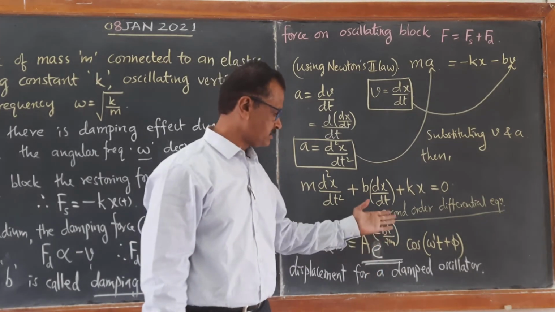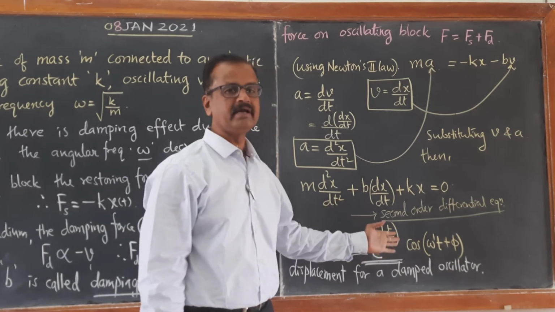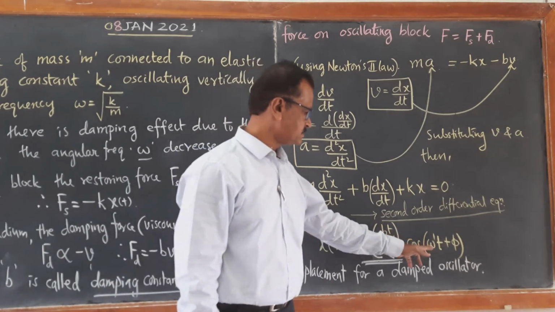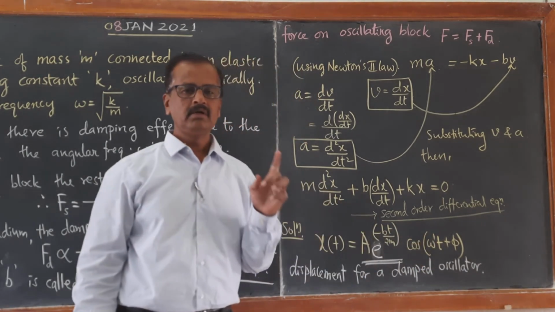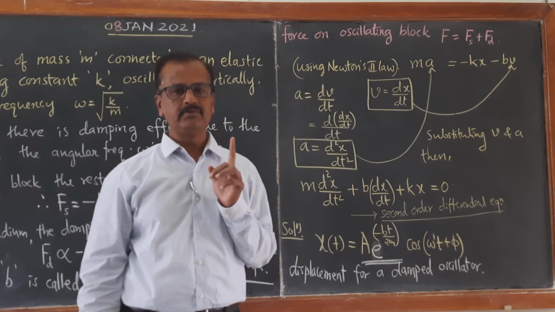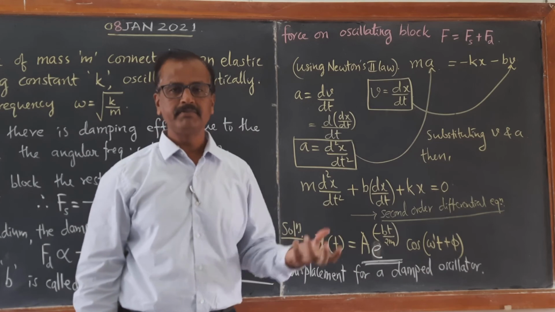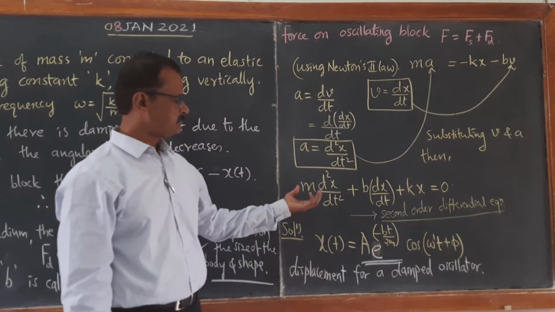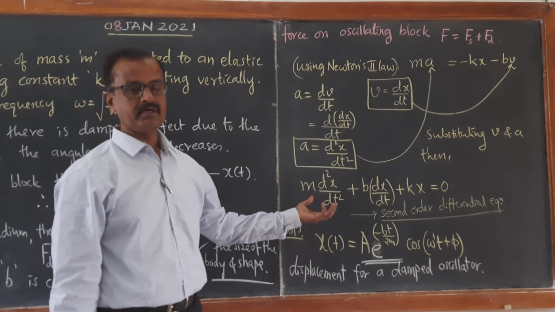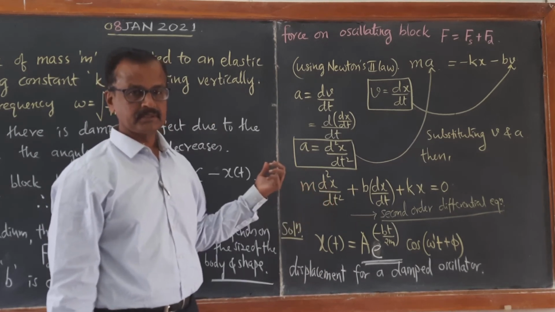As time increases, the amplitude of oscillations keeps on decreasing, and this is omega dash. Omega dash is no more the value we got earlier as square root of k by m. It will now be a decreased value. This is how we solve for the motion of a damped oscillator.